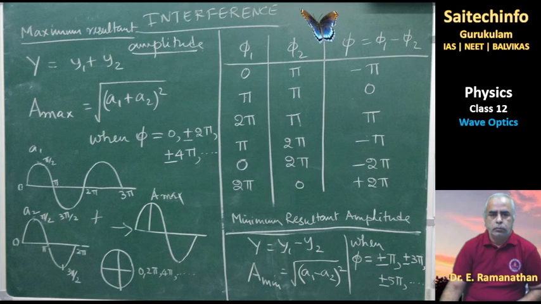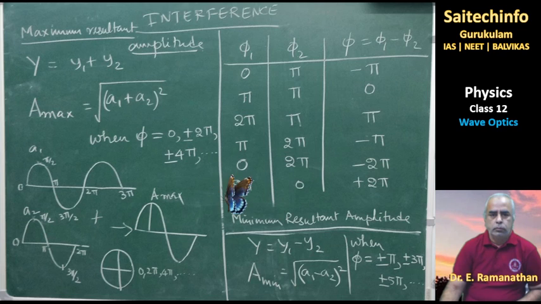Similarly, minimum resultant amplitude can be represented as A minimum, and the net displacement is y1 minus y2, that indicates the destructive interference. So A minimum is equal to the whole square root of a1 minus a2 the whole square, when the phase difference value is equal to plus or minus pi, plus or minus 3 pi, plus or minus 5 pi. It means when phase difference is in the even order of pi, then it is constructive, that results A max.